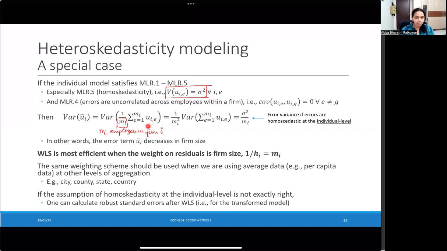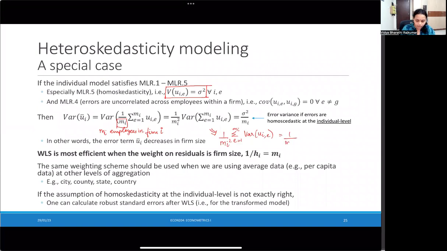So the variance of 1 over m times the sum of u_ie becomes 1 over m square times the variance of the sum. And this becomes 1 over m square times the sum, e goes from 1 to m_i, of the variance of u_ie. You just interchange the sum and the variance terms.